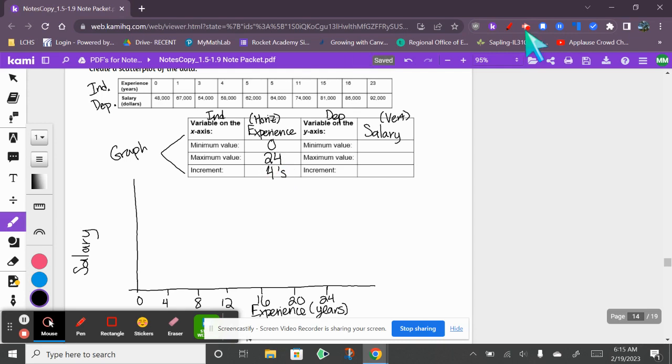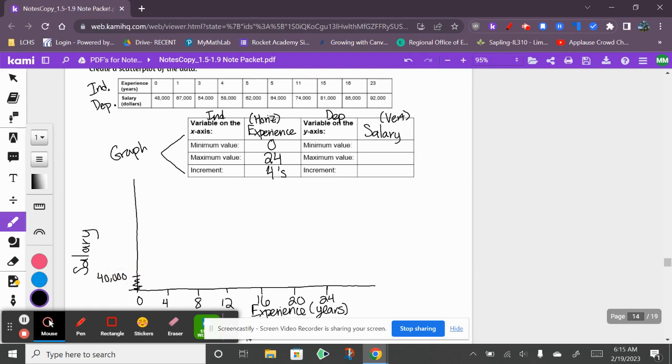All right, so for our dependent, the lowest number is 48,000 and the highest is 92,000. I like to go by numbers that make cleaner, easier ways to go by increments. So I'm going to start at 40,000 because remember, you don't need to start at 0. So I'm going to make that jagged start and I'm going to start at 40,000.